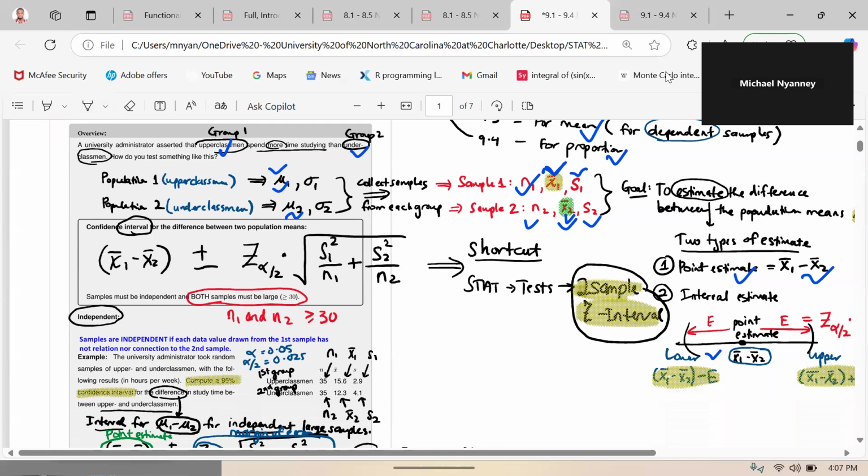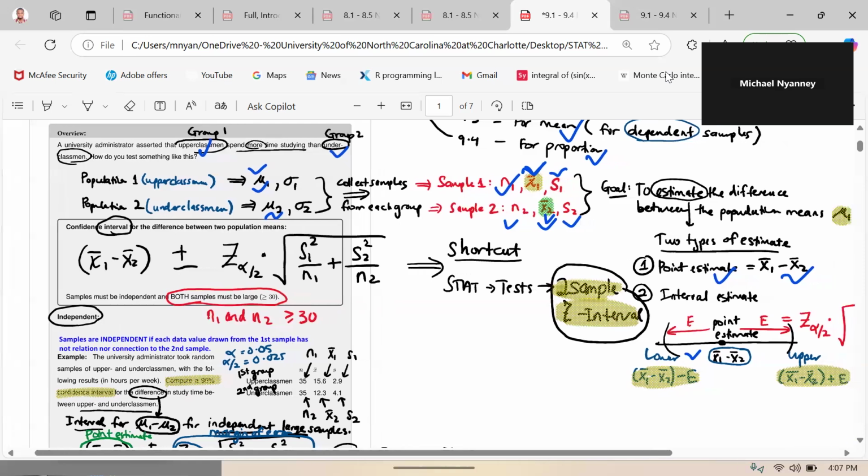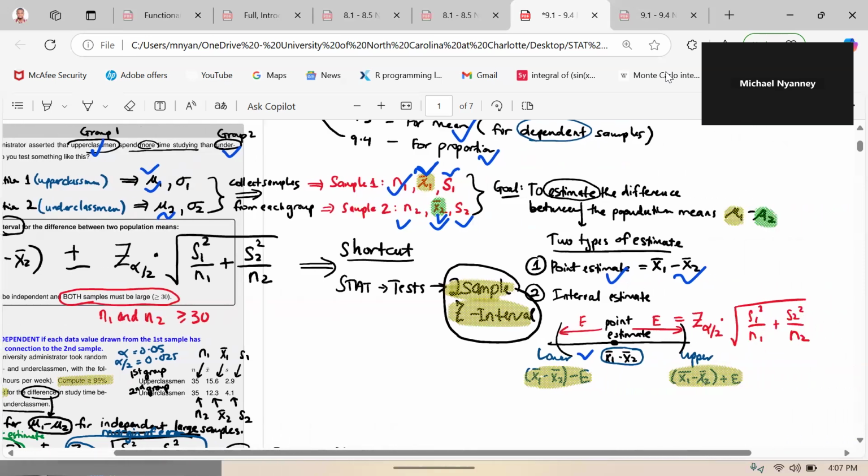In this case as well, we want to add a margin of error to the point estimate, and subtract the same margin of error E. It's similar to what we learned earlier. So this is the E that we are talking about, that you should focus on.